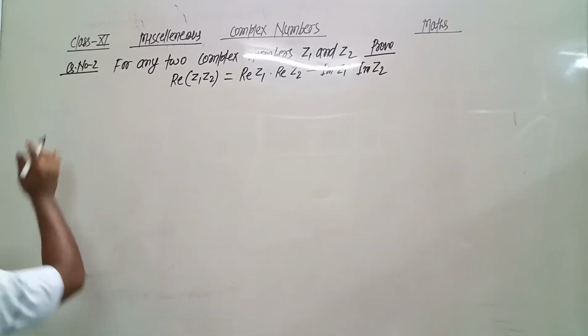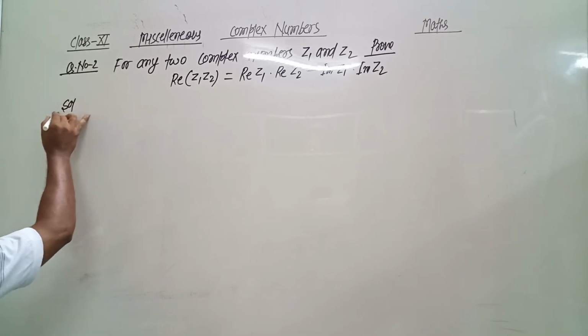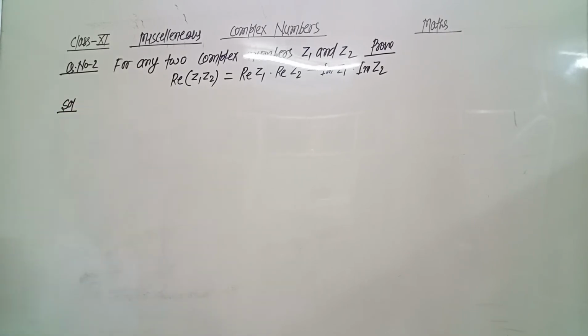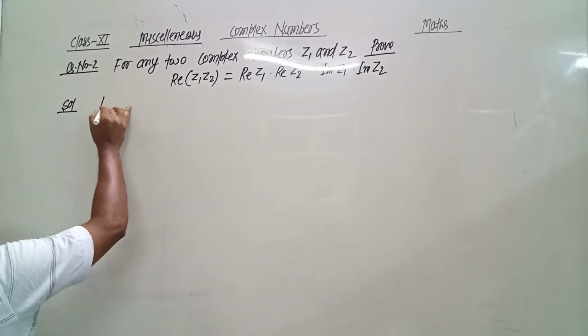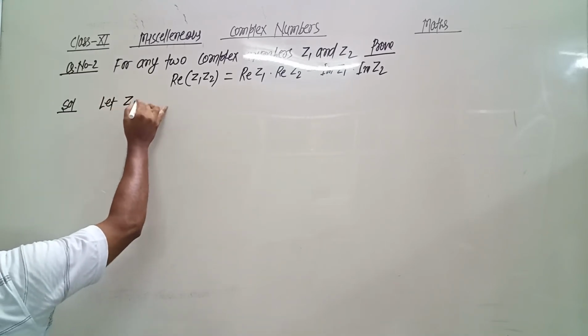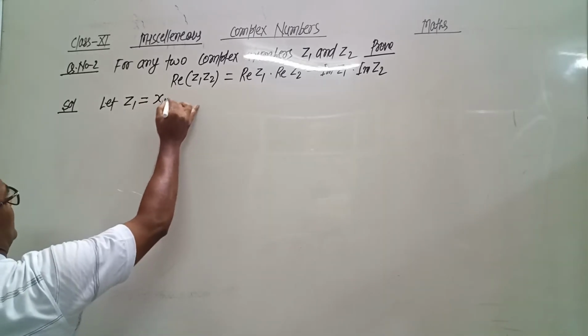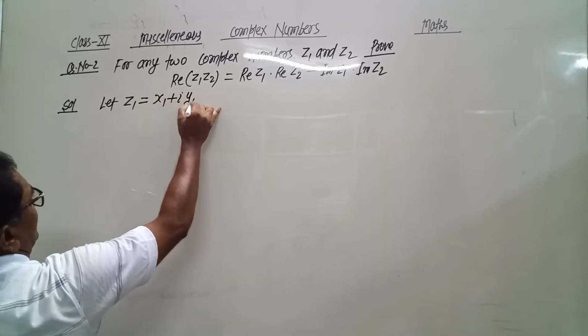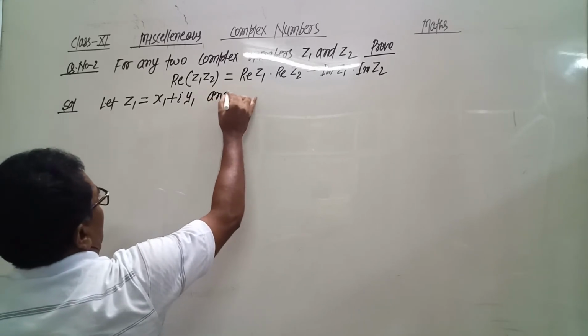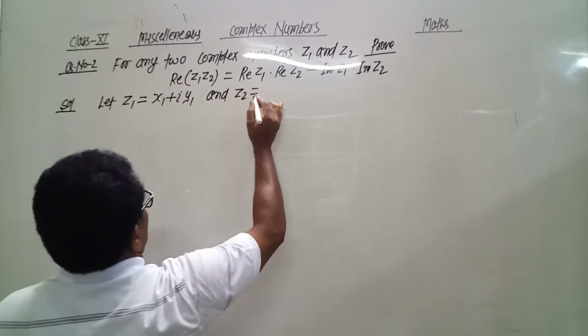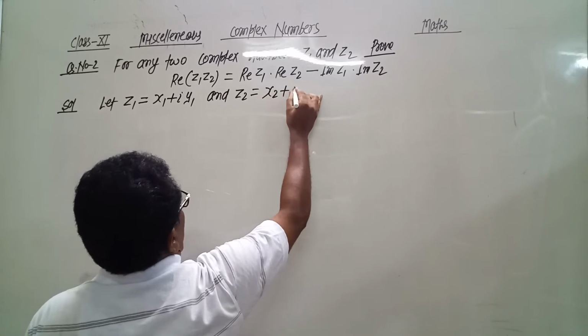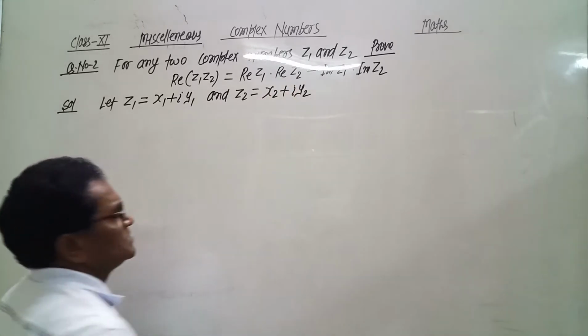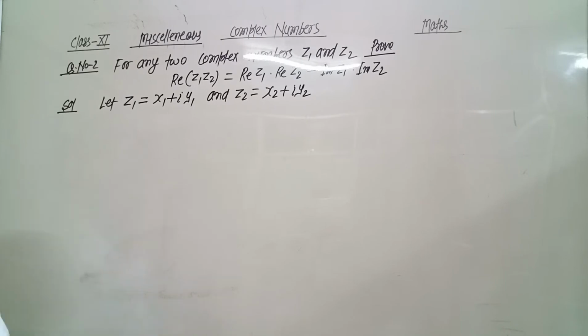So in this question we will have to suppose two complex numbers. Let Z1 equal x1 plus i y1 and the other complex number Z2 equal x2 plus i y2.